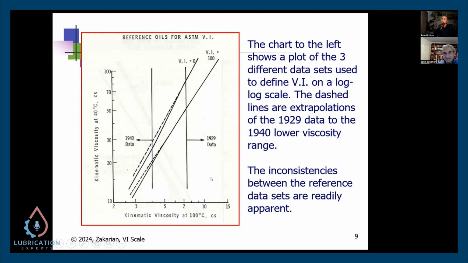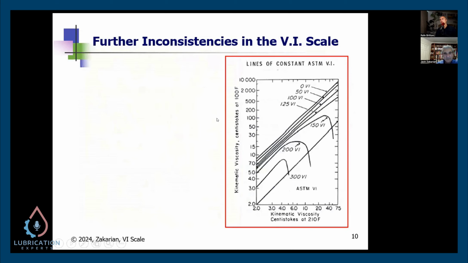So there's an inconsistency in defining VI. Low vis oils below 4 centistokes, actually below about 6.5 or 7, those oils end up getting underrated in VI compared to oils of higher vis, and we'll get into that later.